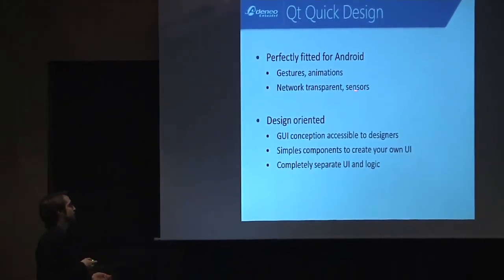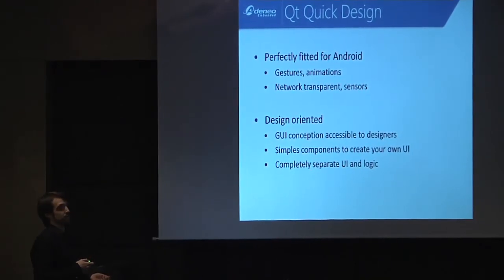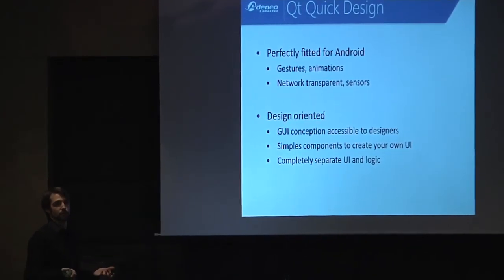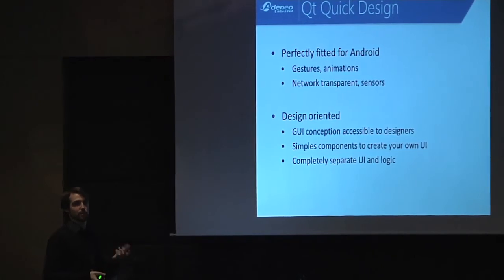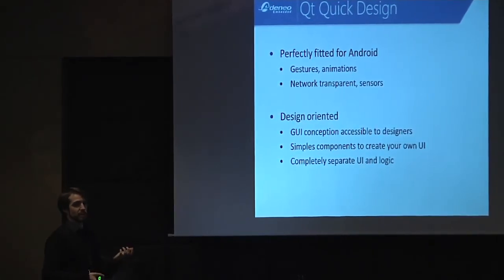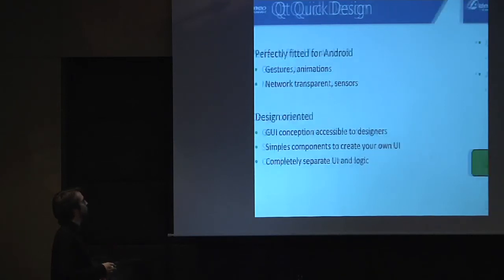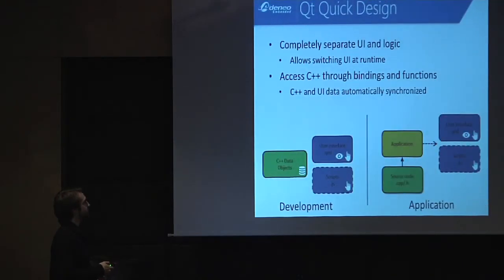Then there are the sensors, which are a great feature of your smartphone. I think you've all tried your smartphone with an application using accelerometers or something like that. This is really easy to develop with Qt. It is design oriented, and so on. Okay, I already talked about that a bit.